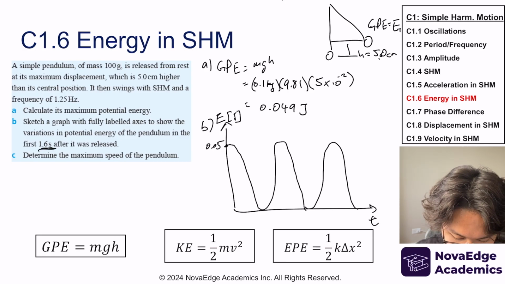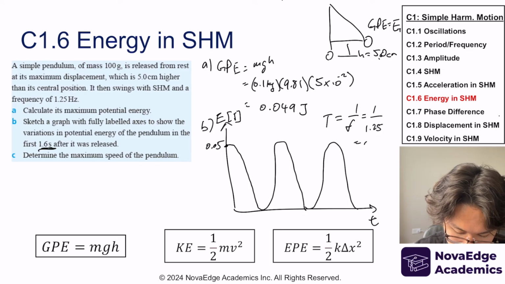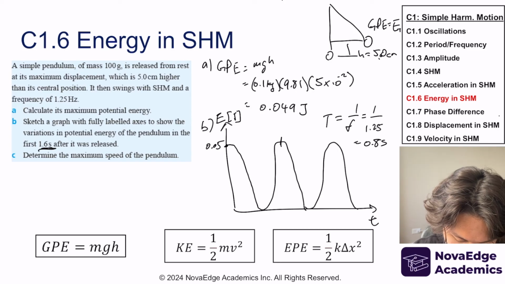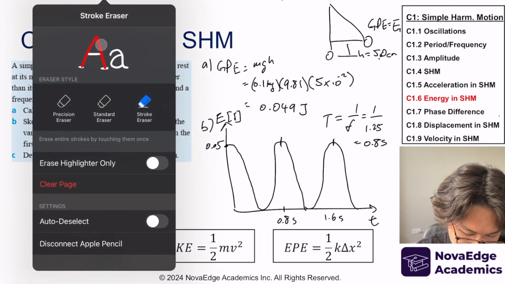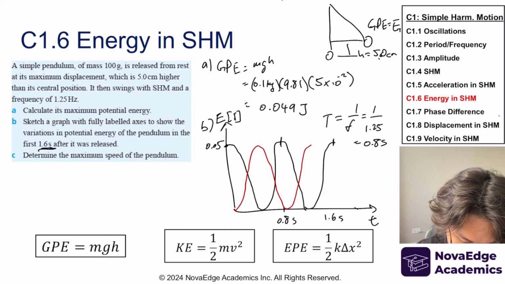The period is equal to 1 over f, 0.8 seconds. So one period is 0.8 seconds, and 1.6 seconds is here. So I can erase this part because they only wanted the first 1.6 seconds. Now if I were to draw kinetic energy at the same time, it would look like this as well.